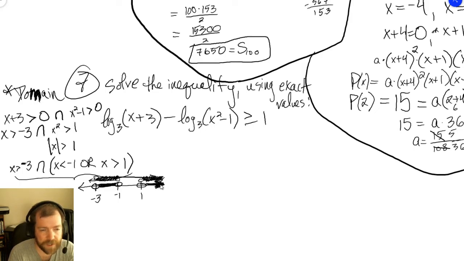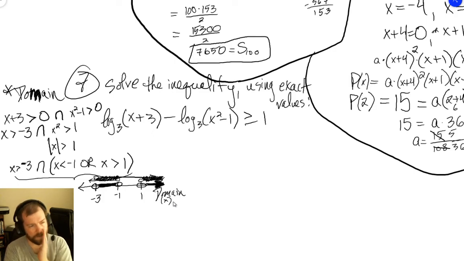All right, now this is not the answers. This was just our legal domain. Where are we allowed to have answers? So, we are allowed to have answers between negative 3 and negative 1, or above positive 1.